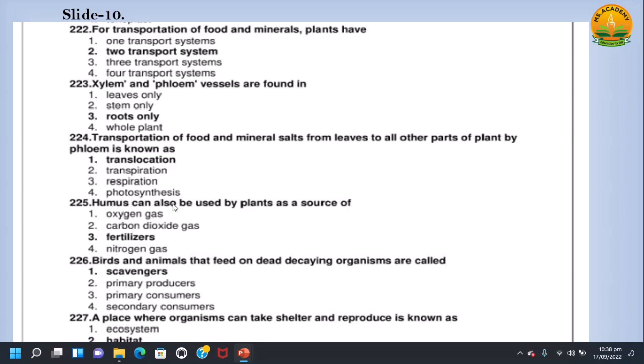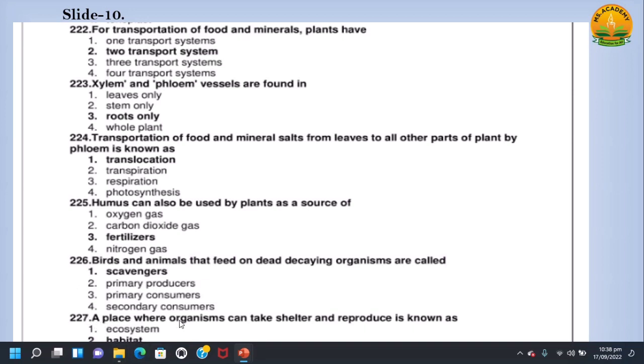Humus can also be used by plants as a source of, right option is 3, fertilizers. Birds and animals that feed on dead decaying organisms are called, right option is 1, scavengers.